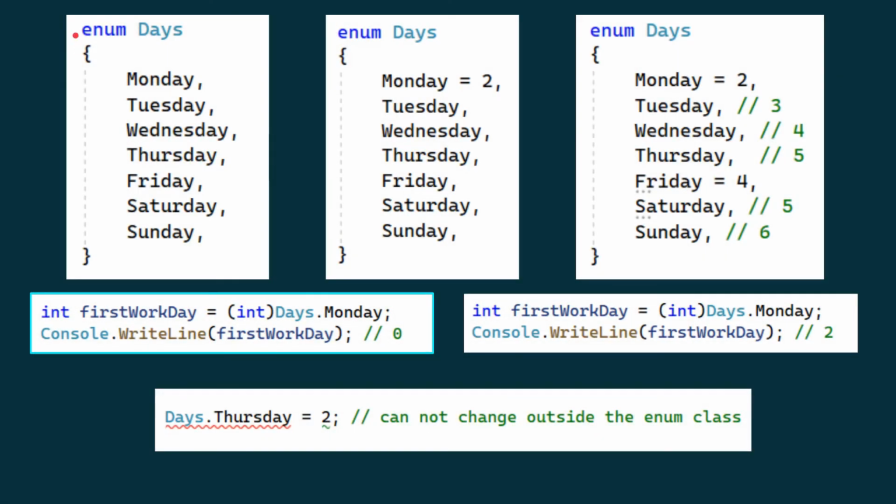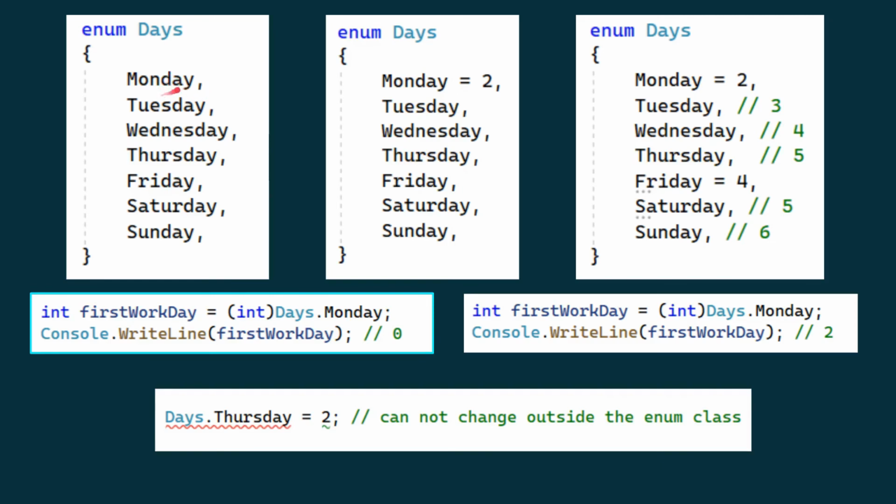First, to declare a variable type enum, you use the keyword enum, and because it is a class, you use the same naming convention, and you provide items or data for your enum by using commas.